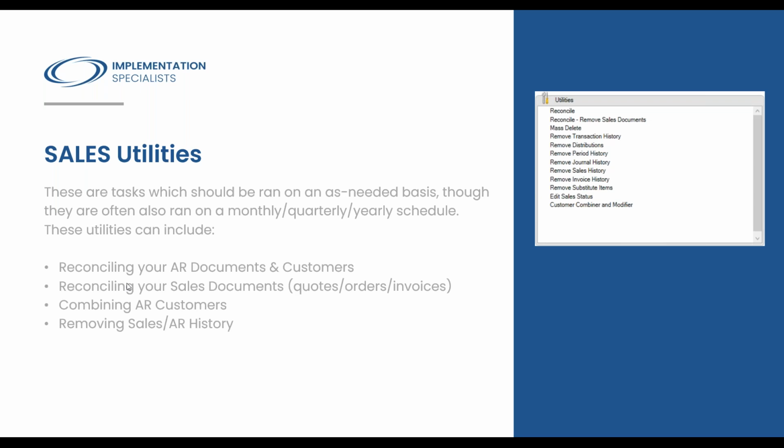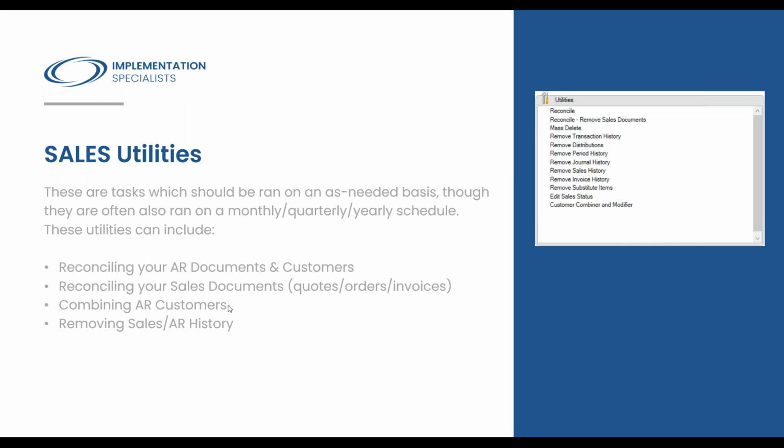So some of them that I'll cover here: reconciling your AR documents and customers, reconciling your sales documents if you use that SOP module. So those are going to be your quotes, your orders, invoices, also back orders, fulfillment orders, returns. So all of those types of transactions. The processes for combining your AR customers.